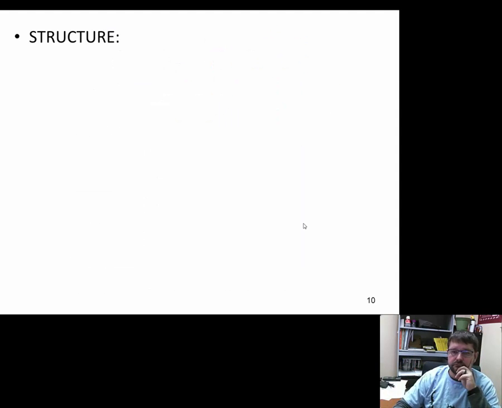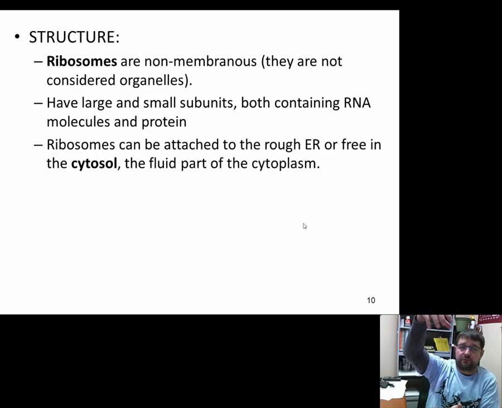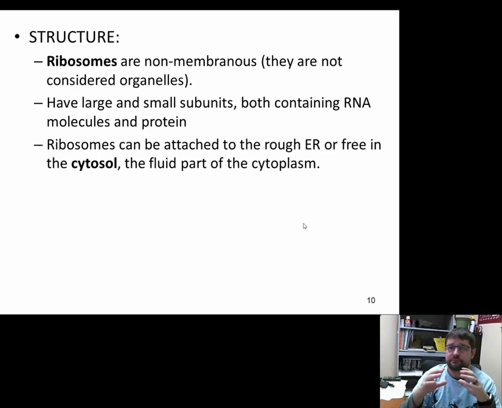Ribosomes. Okay? This is kind of a tricky one because ribosomes are not organelles, so they really don't belong in the organelles section. Now they act like organelles, right? But because they do not have membranes, they consist of two subunits, a large subunit and a small subunit.